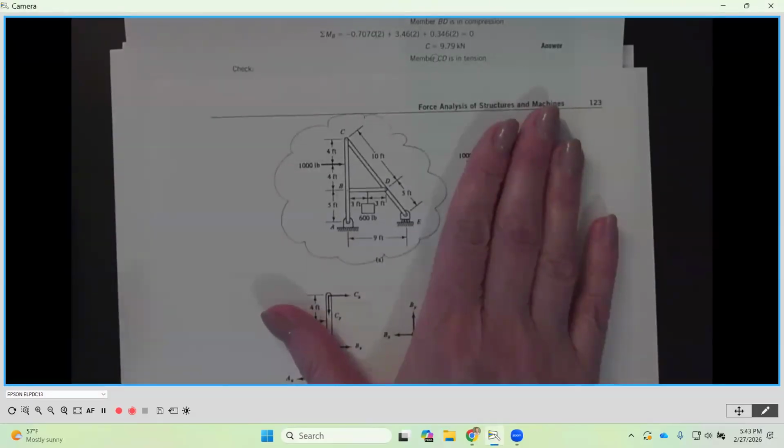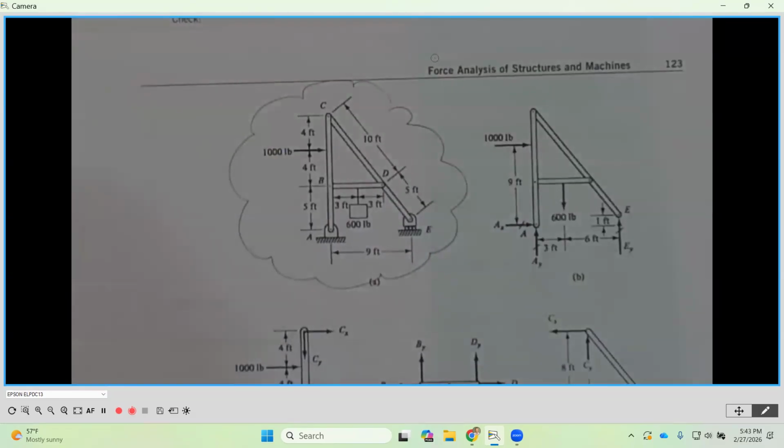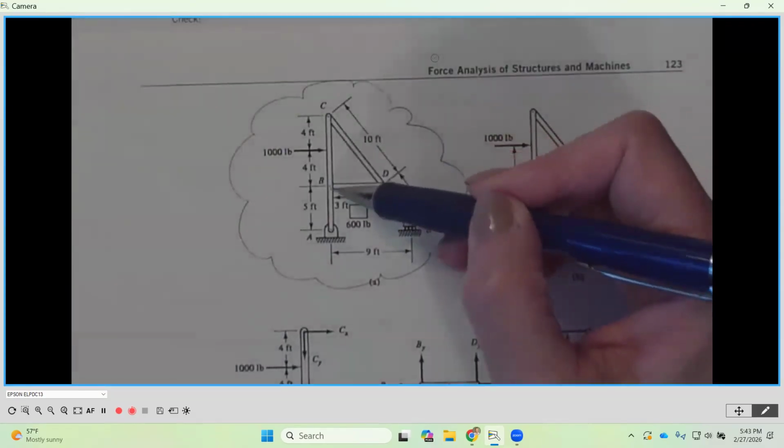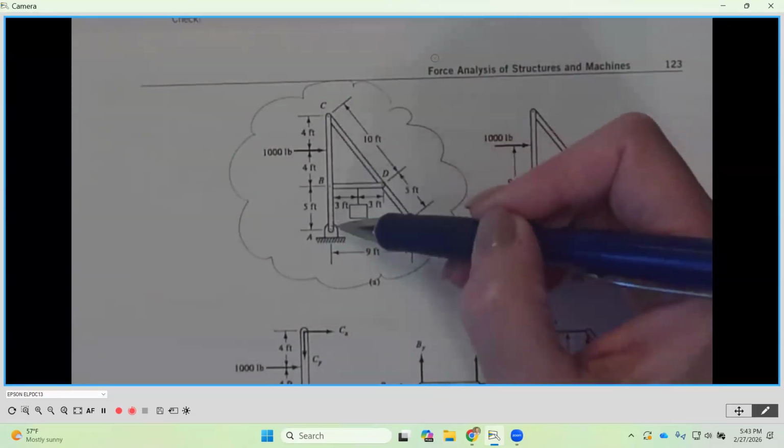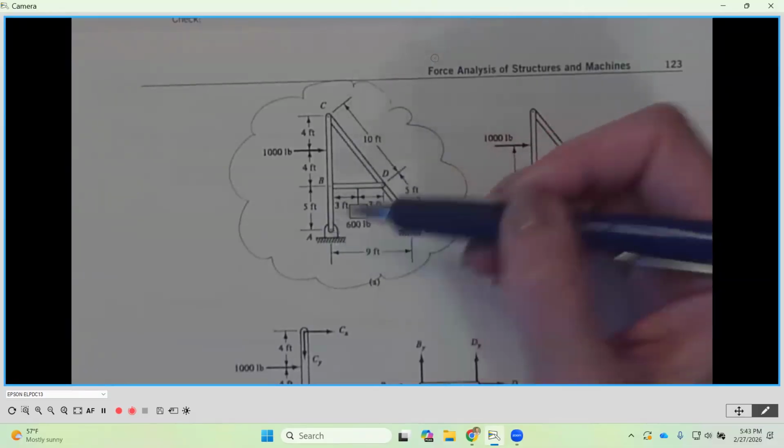Okay. And what we're going to do is solve for all of the pin reactions that are internal to our frame. You'll notice that we have a frame member right here, and we're going to refer to that as A, B, C. So this is a continuous frame member.